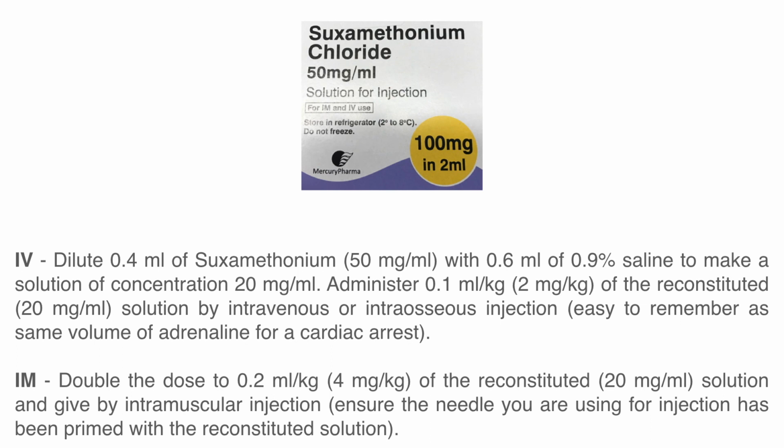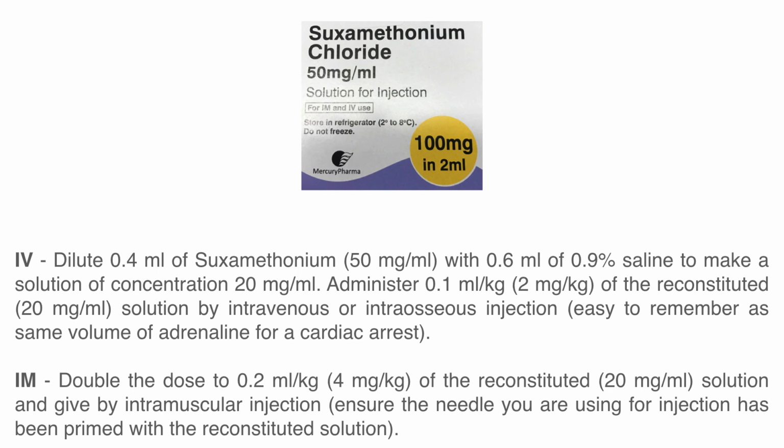So my method for doing this, you take 0.4 mils of suxamethonium, 50 milligrams per mil, and dilute it with 0.6 mils of 0.9% saline. That makes you a solution of 20 milligrams per mil. You then give 0.1 mils per kilogram, which is the 2 milligrams per kilogram of that reconstituted 20 milligram per mil solution by intravenous or intraosseous injection.